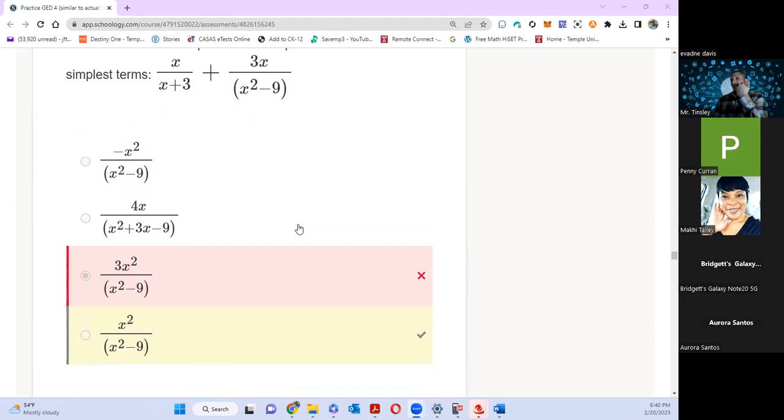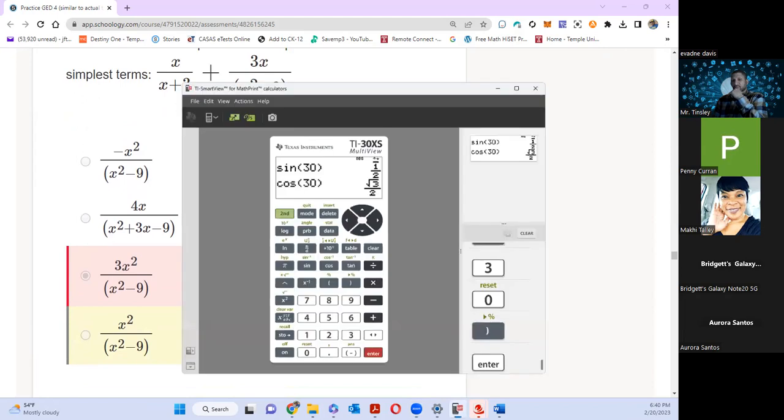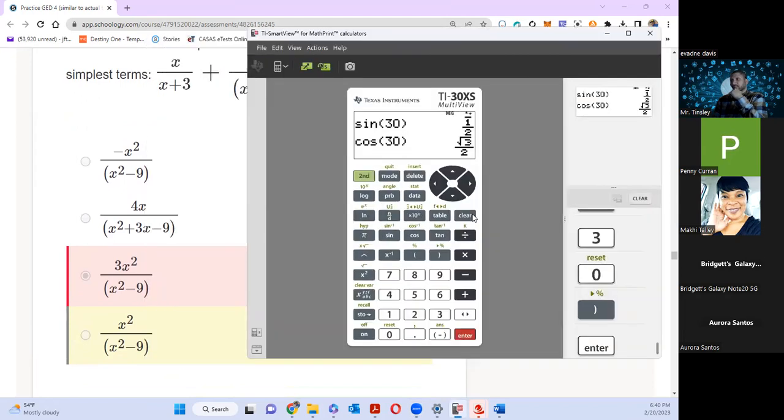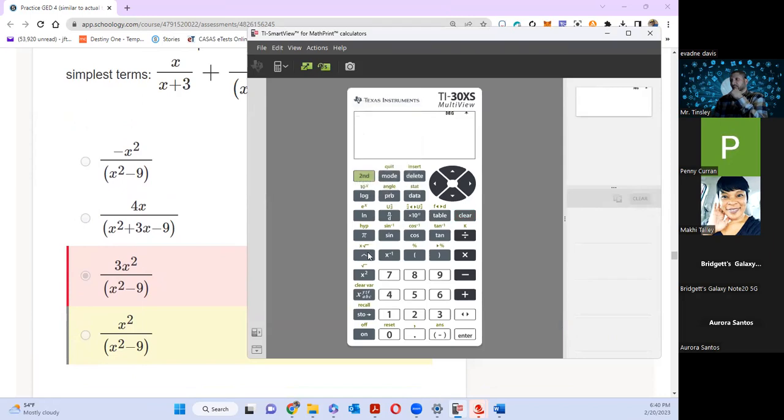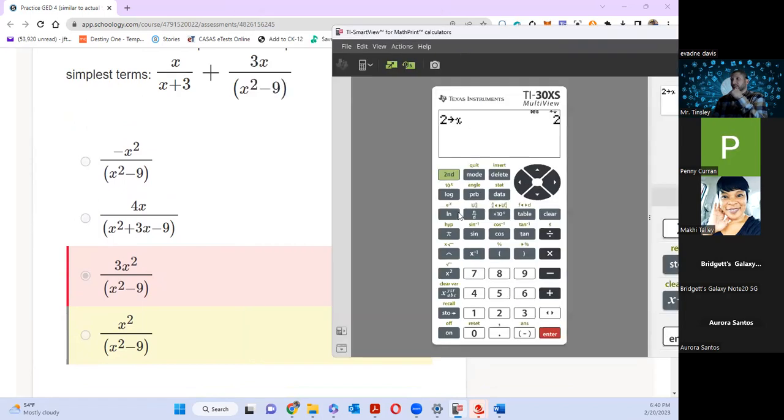your problem, x over x plus 3 plus 3x over x squared minus 9, right? You store a 2 in your calculator. So I'm going to store a 2 in my calculator, and then I'm going to take that same problem, x over x plus 3 plus 3x over x squared minus 9.